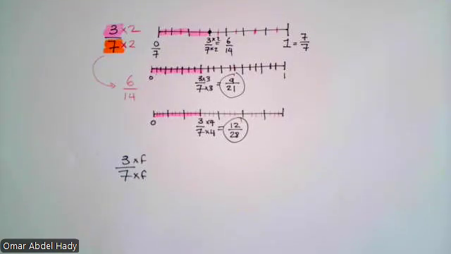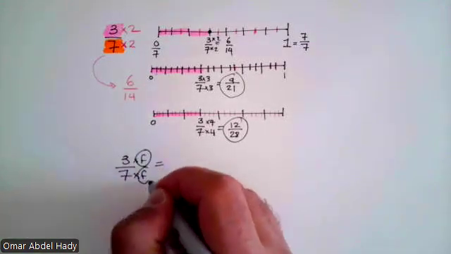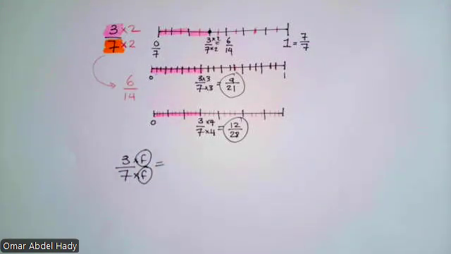And that's how you can create infinite, as many equivalent fractions as you want. But just remember, they have to be multiplied by the same factor. Okay, so I hope this lesson is helpful.